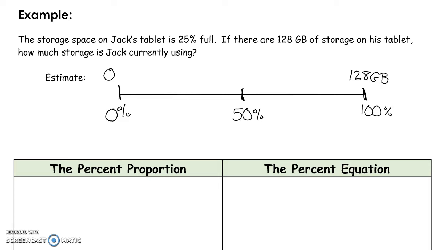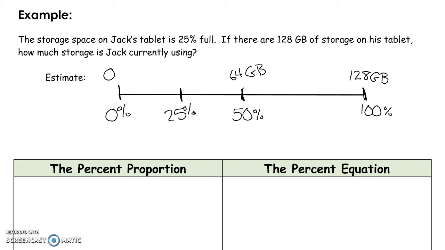If he's using 50% of his storage, that would mean that he's using half of 128, which is 64 gigabytes. We just do 128 divided by 2. So if we want to estimate our answer, we know that 25% is in between 0 and 50%.